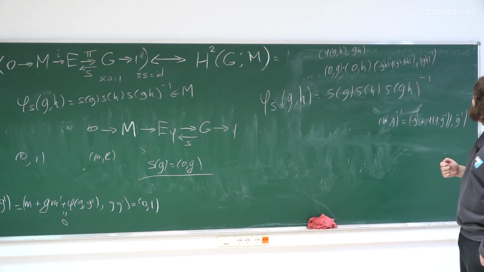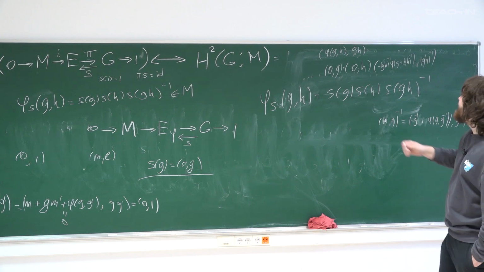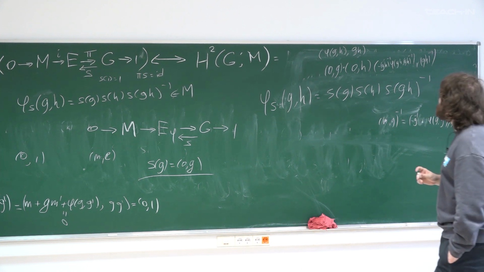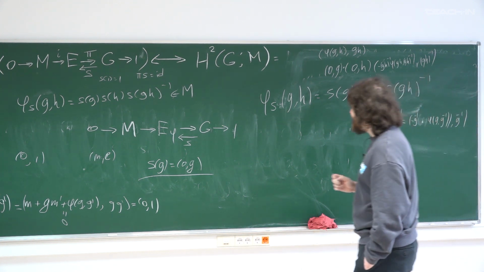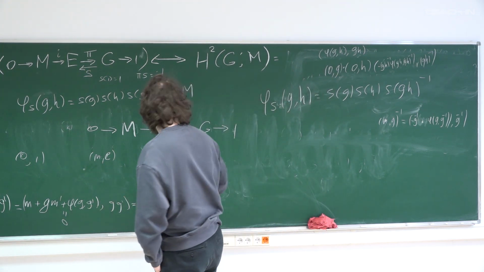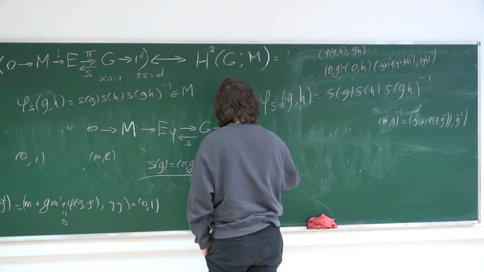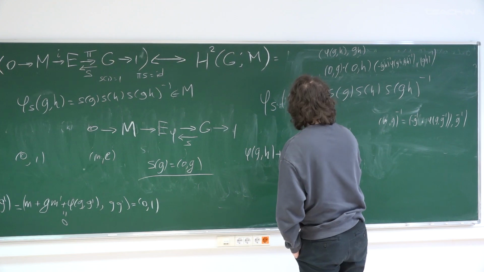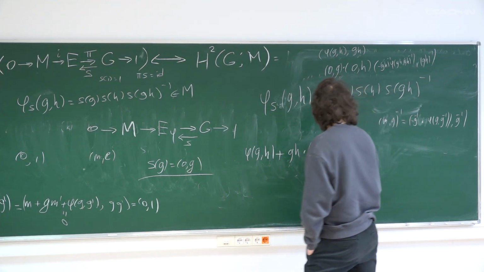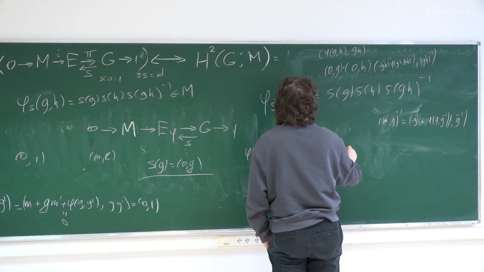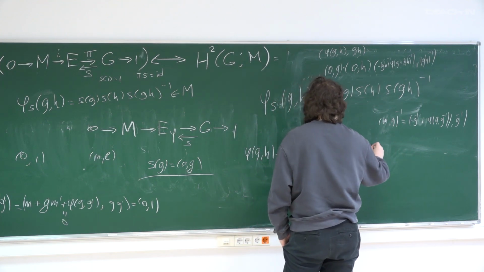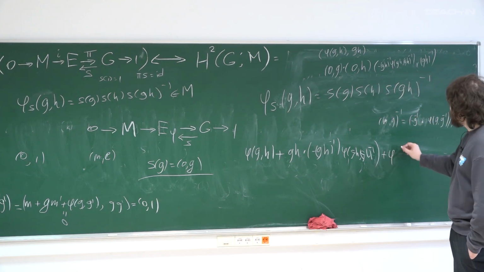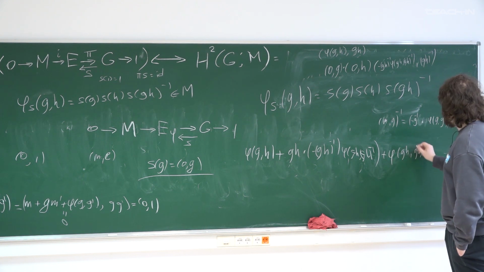Okay. I want to check that on the first coordinate I obtain exactly this thing. On the first coordinate, I obtain phi gh, it's okay, plus gh action on this, and plus phi gh minus 1.